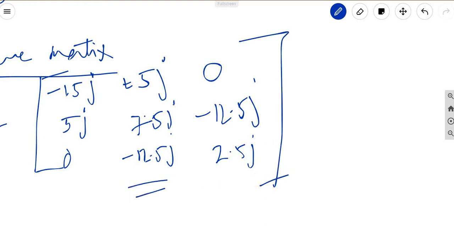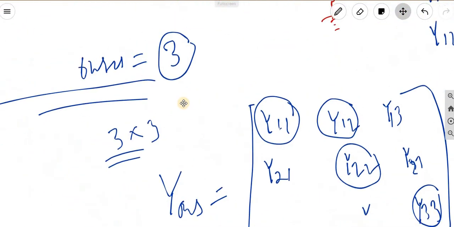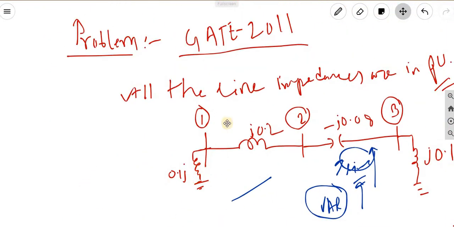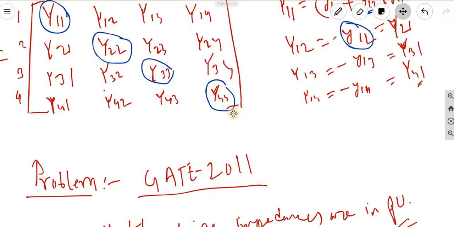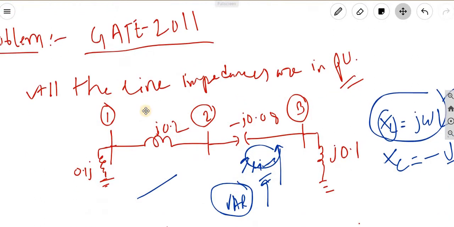Okay, so this is one simple example, a simple problem from 2011. Before the solution, what you have to do using the direct inspection method? Firstly, if the 9 elements are given in ohm value, the actual value, but some values are in per unit, you have to convert them into the same unit.